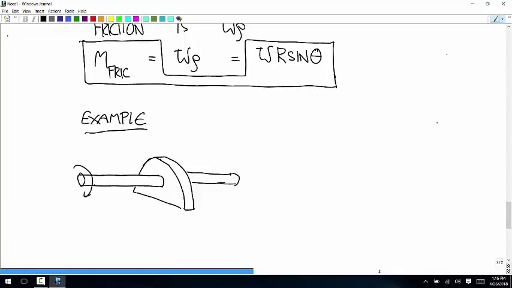And let's say that there's a downward force of 4,000 newtons on each side.